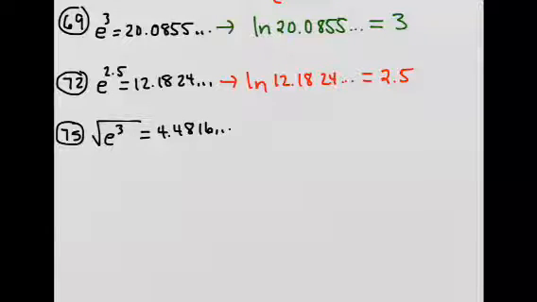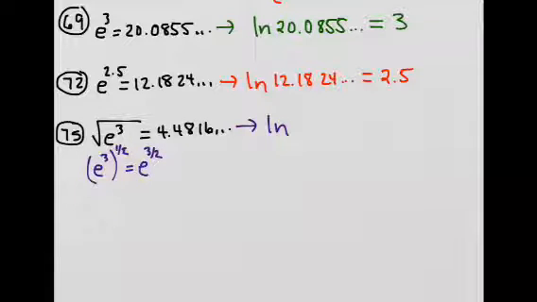And then for 75, same thing. We're going to write a natural log of, hold on, I need to simplify this. So this e to the third is the same as e to the third to the 1/2, because that's what square root means, right? So this is e to the 3/2.